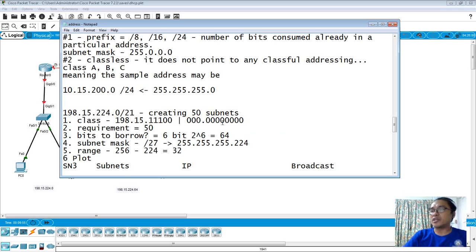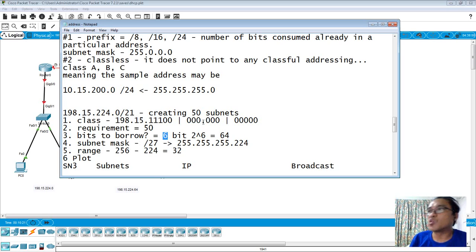So starting from here down to the 6th bit, we are going to count 1, 2, 3, 4, 5, 6. So from this point, this is where we put a demarcation line to determine that these are our subnets and these are our hosts. And the 6 bits here is the number of bits that we borrowed.